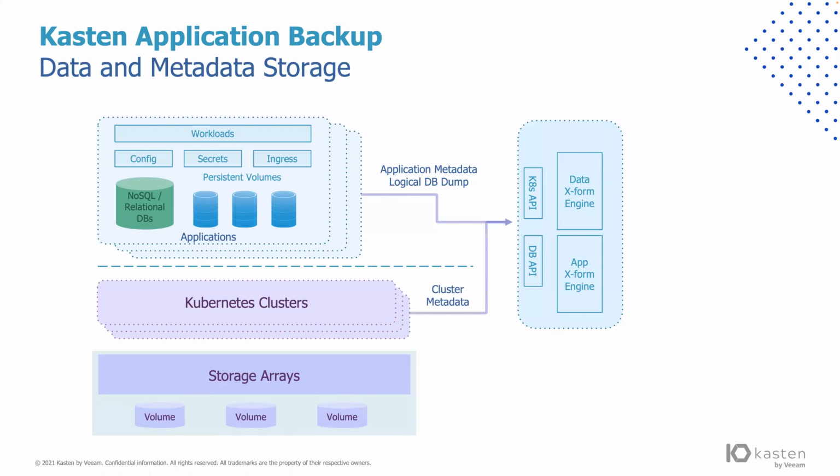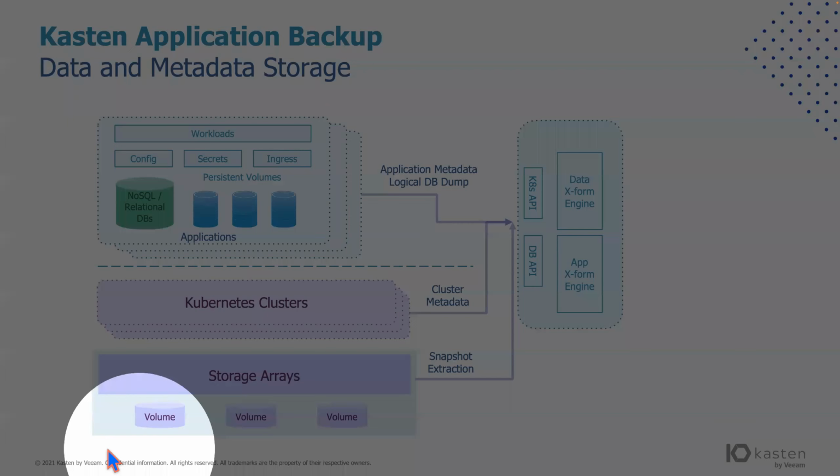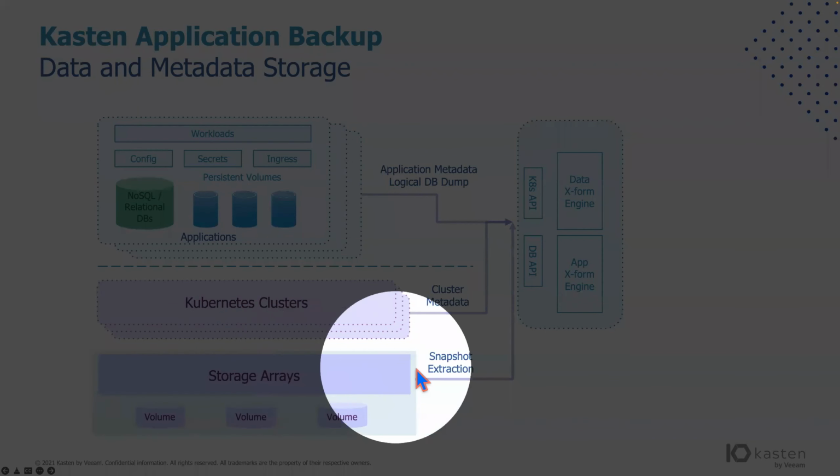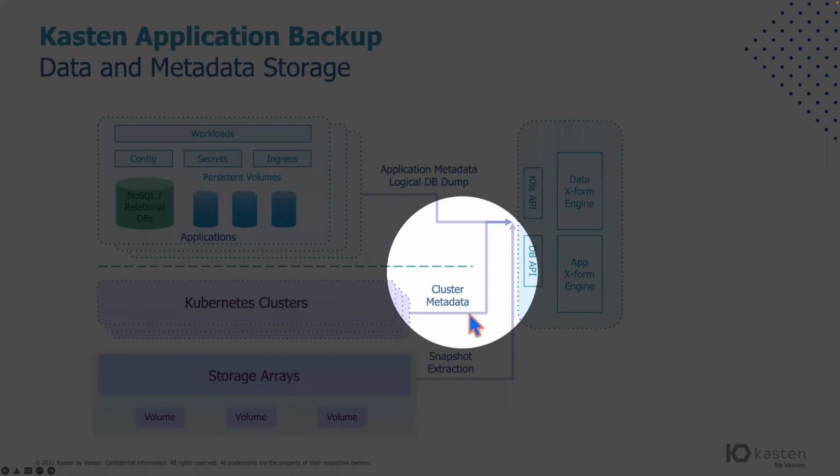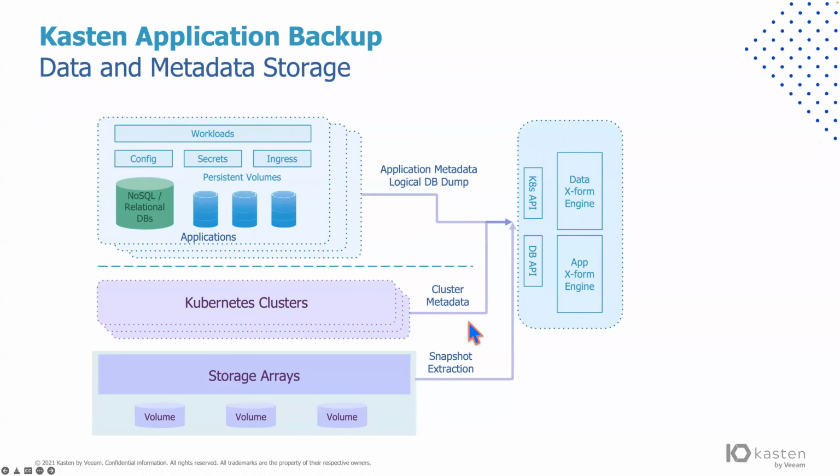And we also allow you to capture all these Kubernetes configurations and cluster metadata. And obviously, we also take a snapshot of your persistent volume claims. So shortly in the demo, you will see when we take a snapshot of the Kubernetes application, you will see the application configuration, and you will see the data as well.